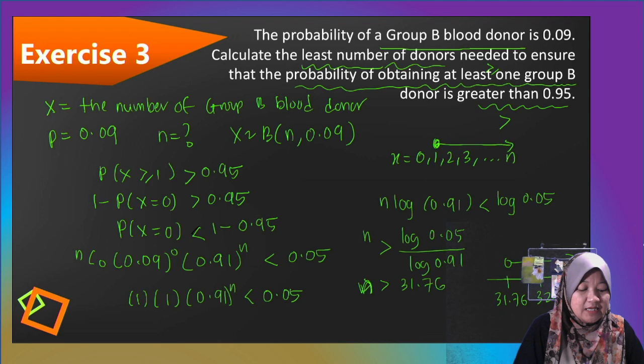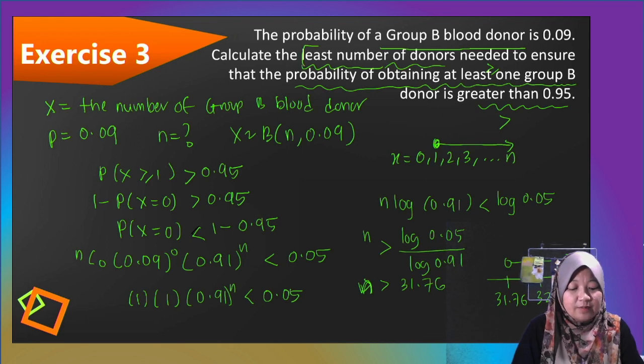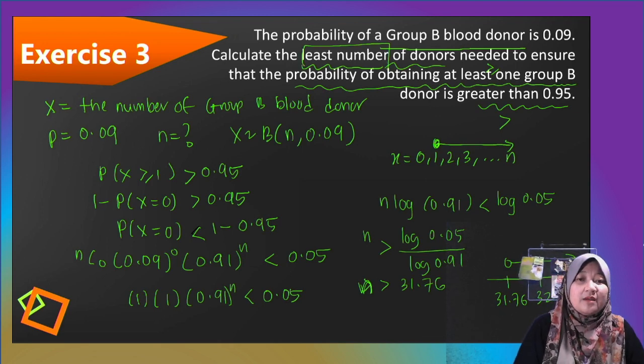Jadi the least number, nombor bulat paling kecil dalam interval ni adalah 32. Therefore, N awak adalah 32. Okay, ingat sebab X ni adalah number of donor, group B blood donor, jadi mesti nombor bulat.